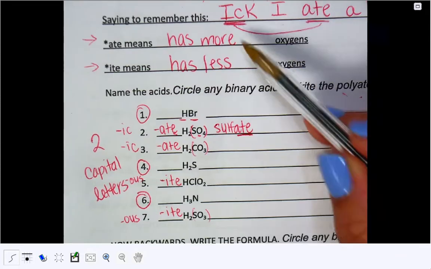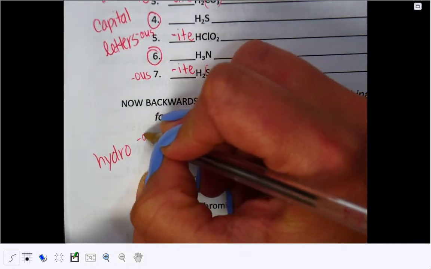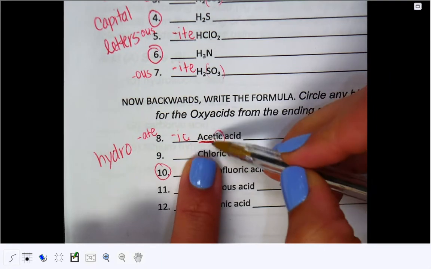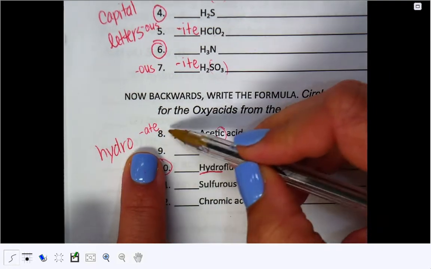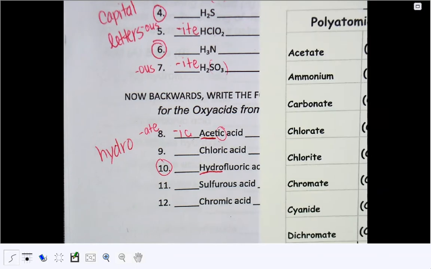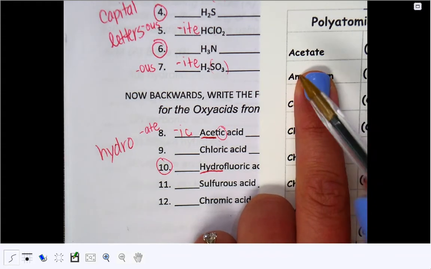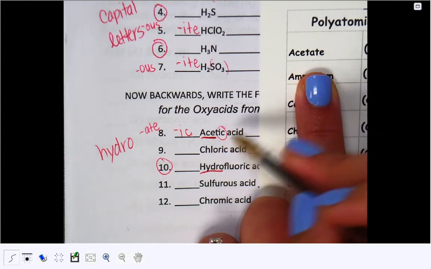What is ick connected to? ate, all right? So you're going to be thinking of acet-ate. Look at your list. Let's find one that looks like that. You guys see it at the very, very tippity top. Acetate, right? Do you guys see how that's very similar?